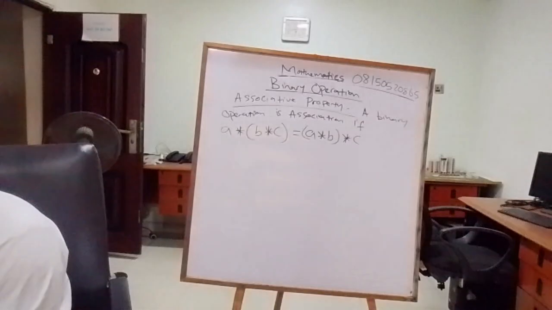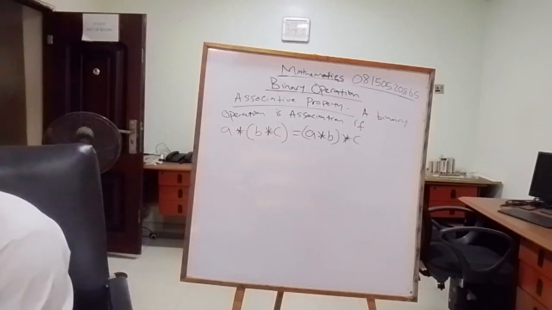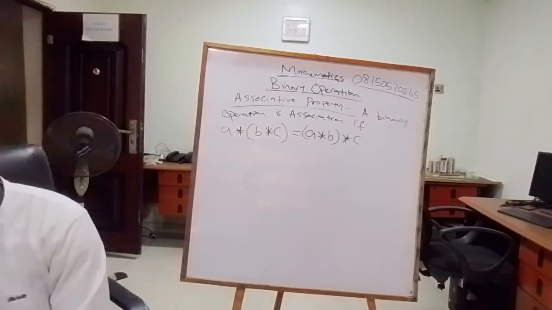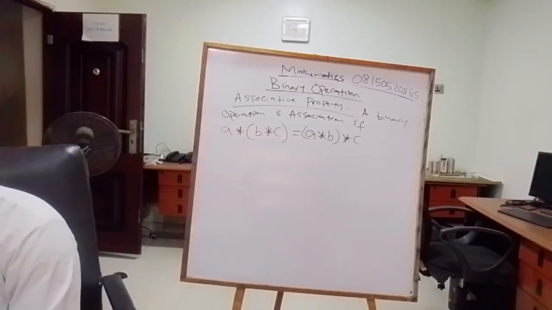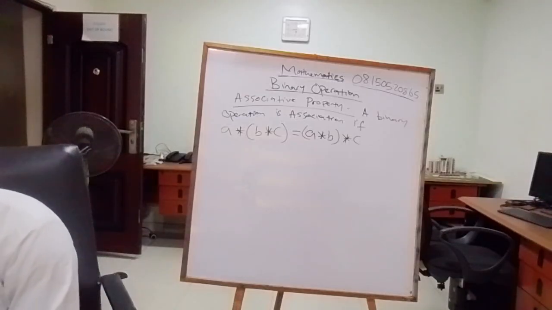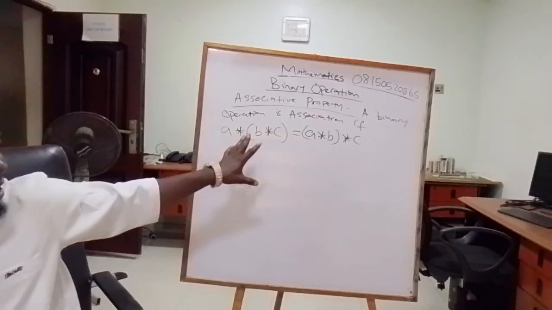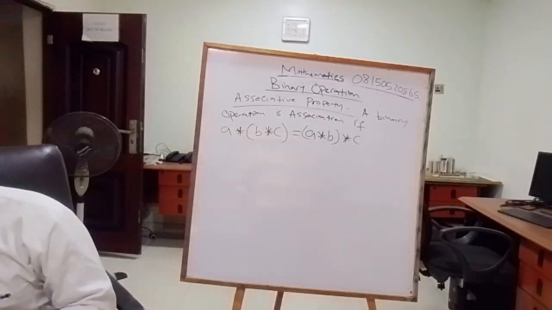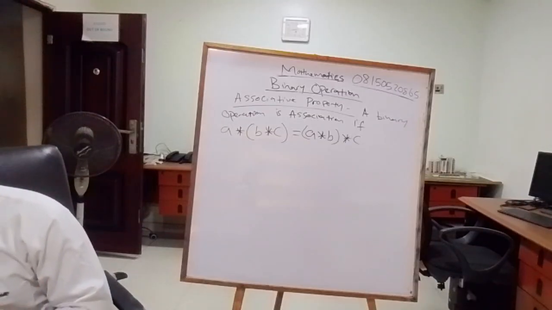If they give you the same answer, then you say it is associative. So that's how to do that. Then I'll give you an example, but I want us to look at that law very well. Probably copy it down before I give out the example.